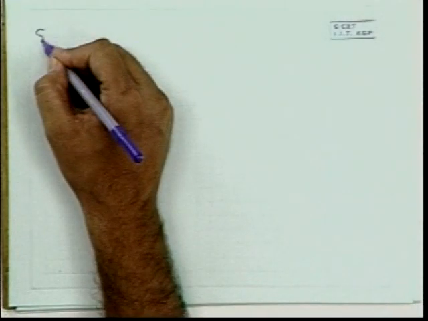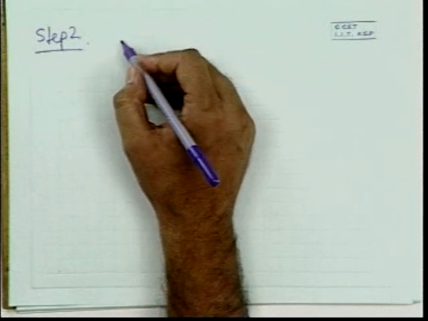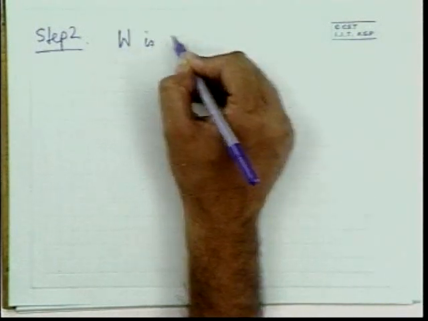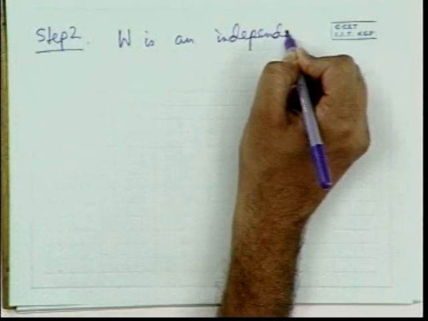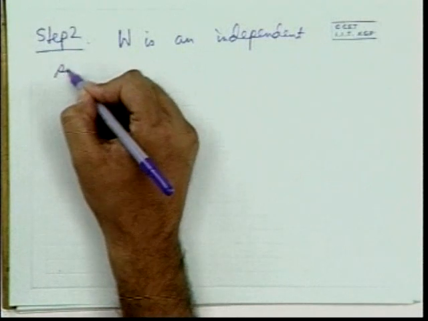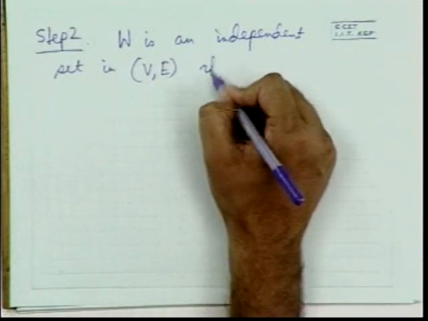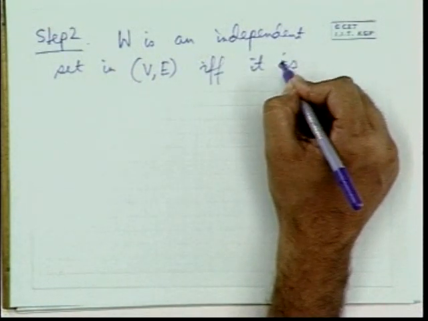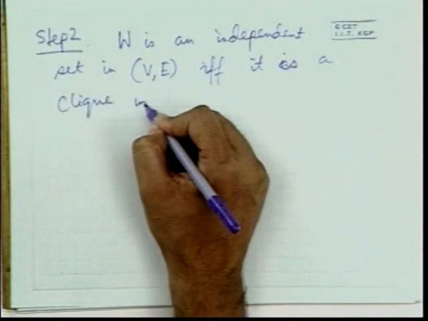So what is the reduction? Observe, so this is the reduction. Observe, W is an independent set in the given graph V, E if and only if it is a clique in the complement graph.